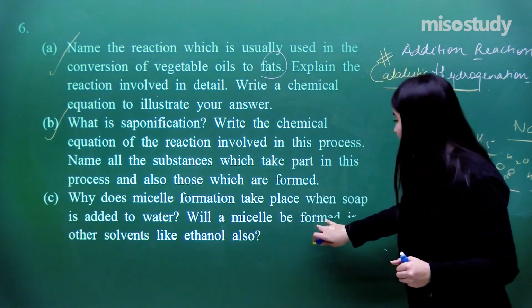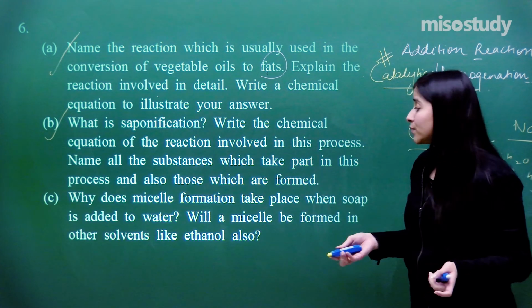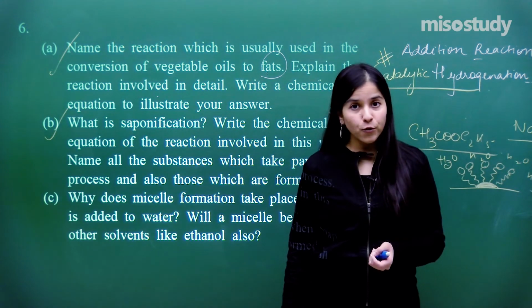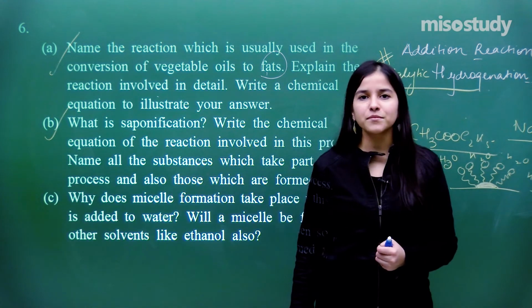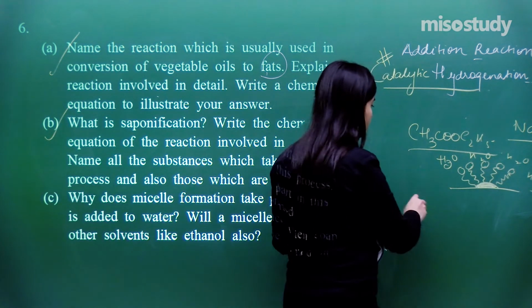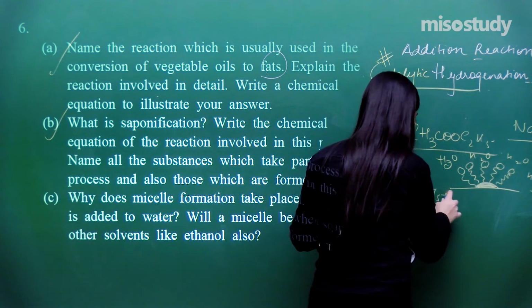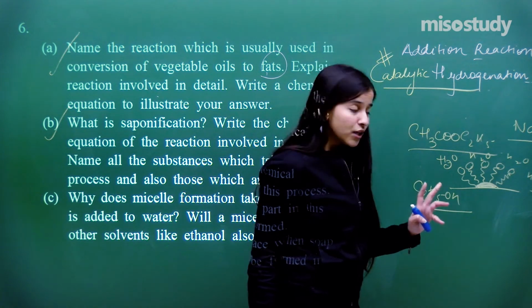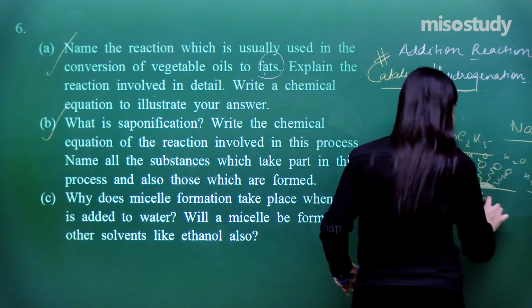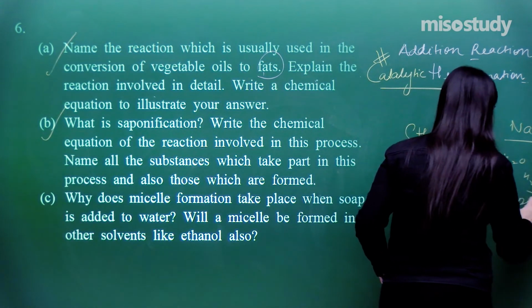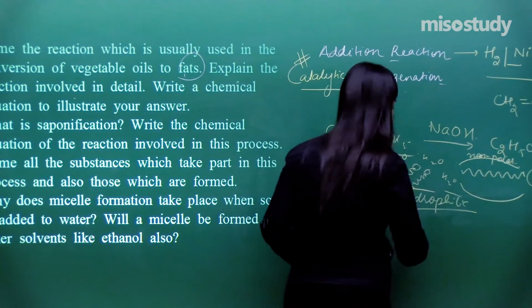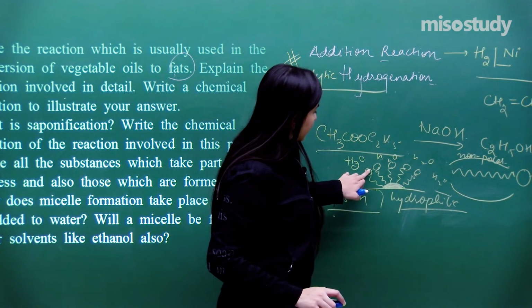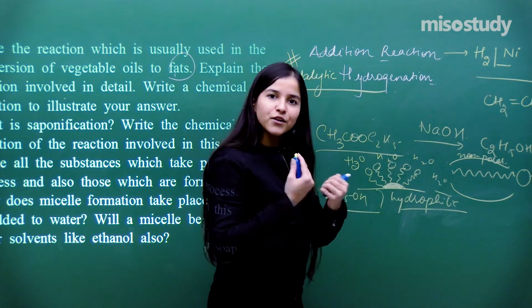Now will a micelle be formed in other solvents like ethanol also? Yes, it can be possible. Why? Because the solvent here, C2H5OH, is also polar and hydrophilic, that means water loving, and these ends are also ionic, so they can interact very well.